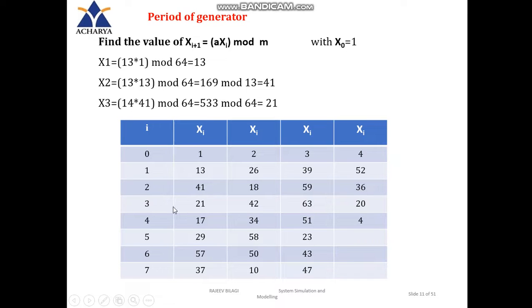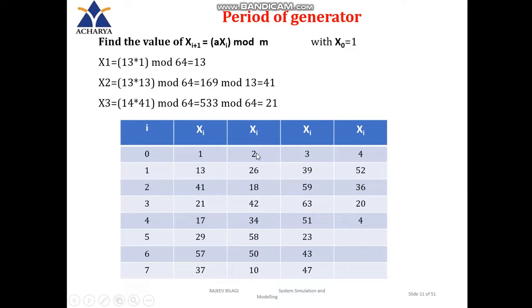So x3 we are going to get as 21. Now you find out till the value of xi repeats again.